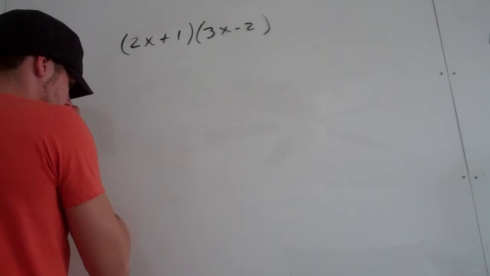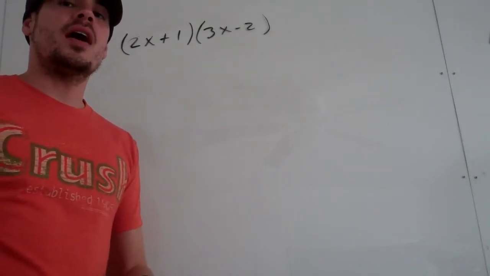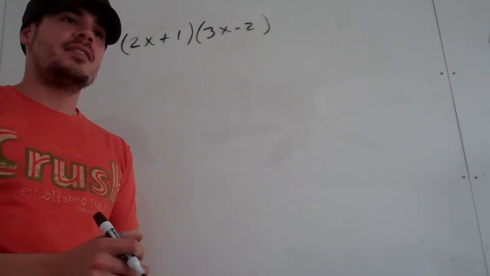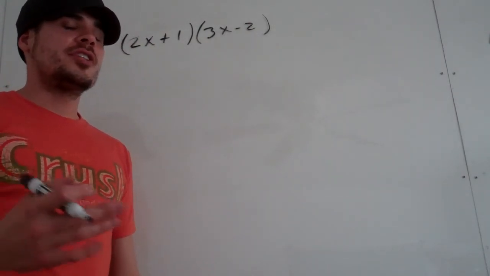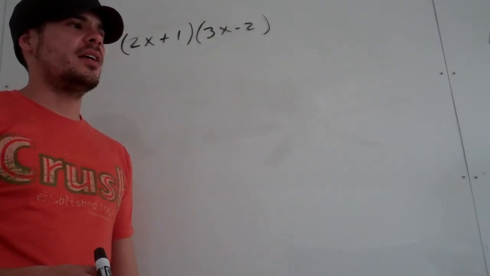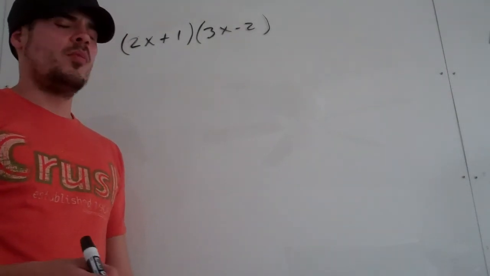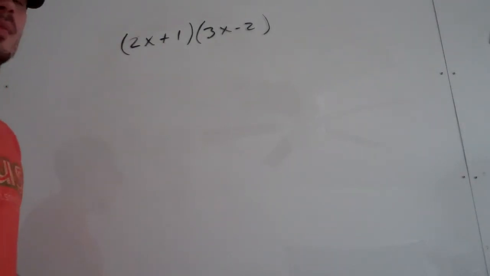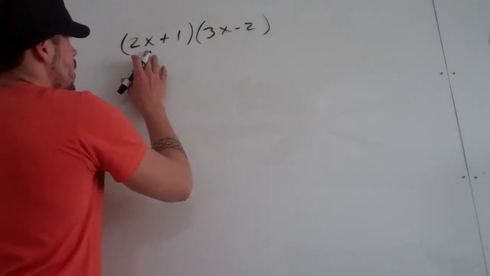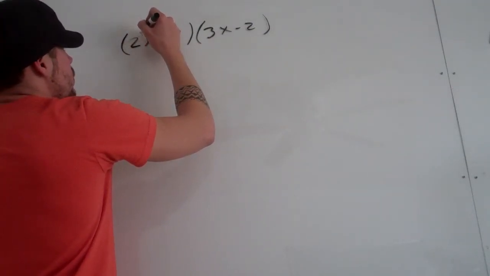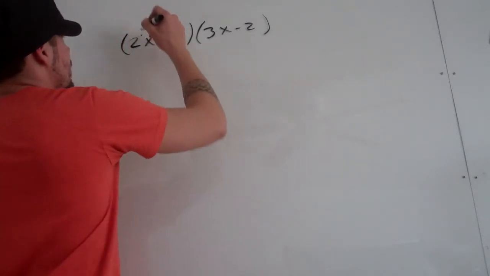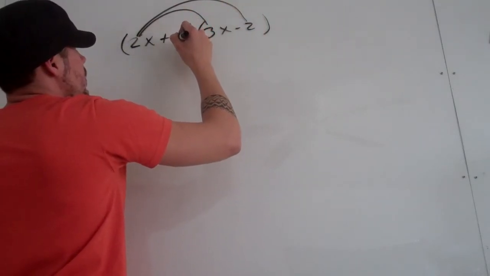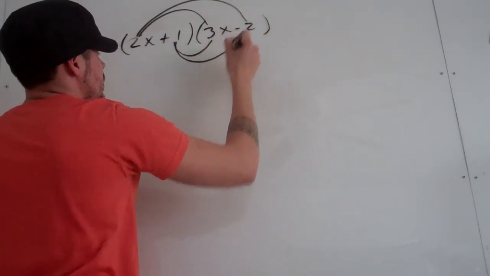Actually, I have a whole other video on a different way of setting up the FOIL method, and for me it's a lot easier, so I do it. So check that video out. I think I called it multiplicative form of the FOIL method, something like that. Anyhow, I've got it on my channel so you can find it, but remember, all you're doing is multiplying, making sure that everything gets multiplied within here, right? This times this, this times this, this times this, and this times this.